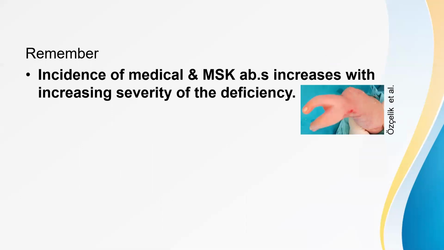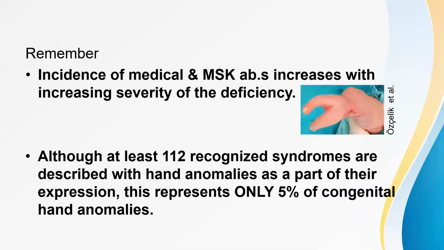Remember, the incidence of medical and musculoskeletal abnormalities increases with the increasing severity of the deficiency. So if you see a deficiency like this one, expect to have associated systemic findings in other systems. But take it easy.